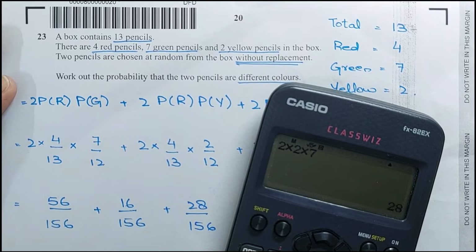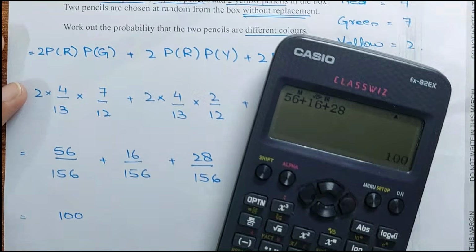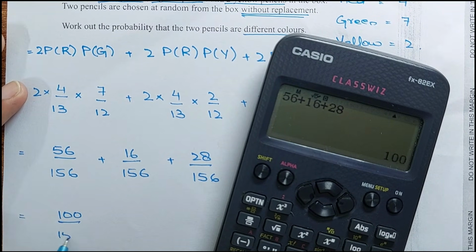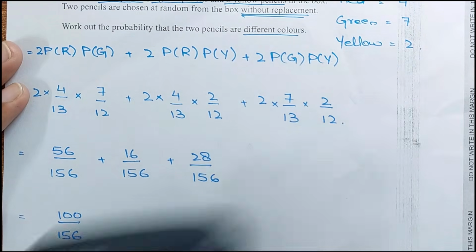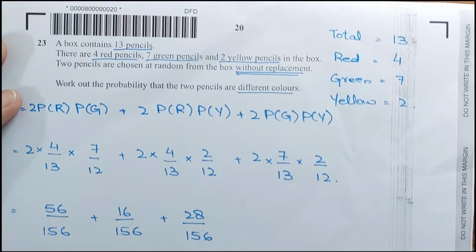Let me add the numerators, 56 plus 16 plus 28, which is 100 out of 156. So that is the probability that the two pencils are different colors, which is 100 out of 156. Okay. So that is the last question of our paper.